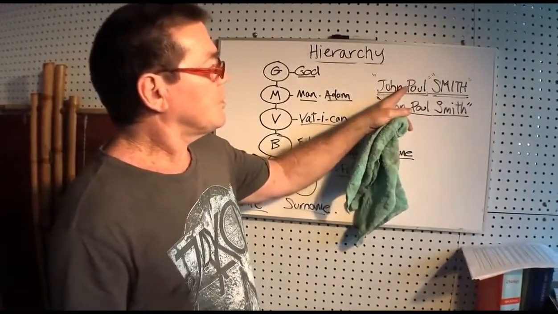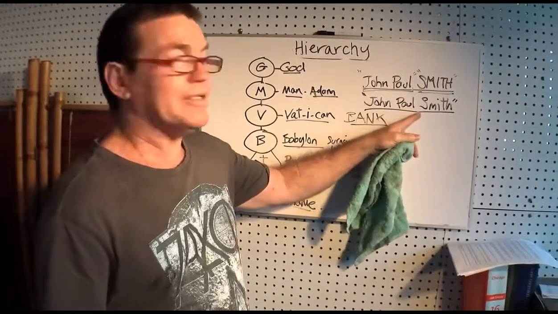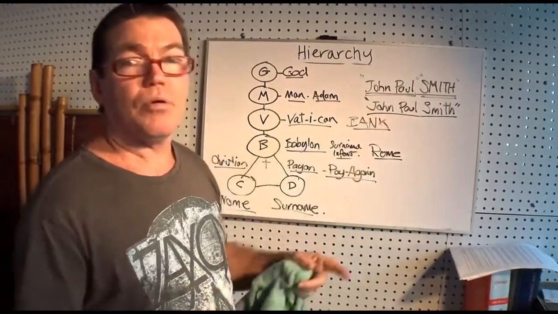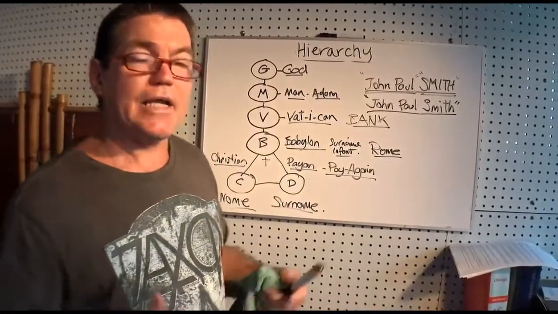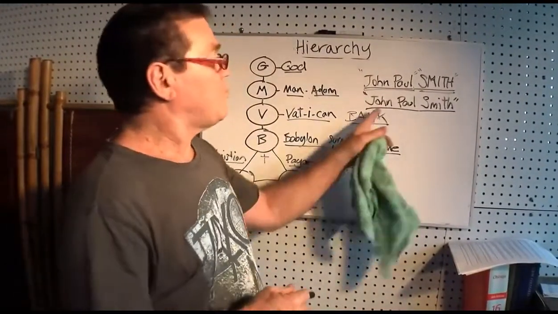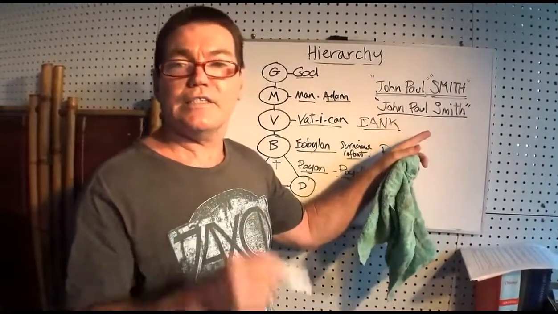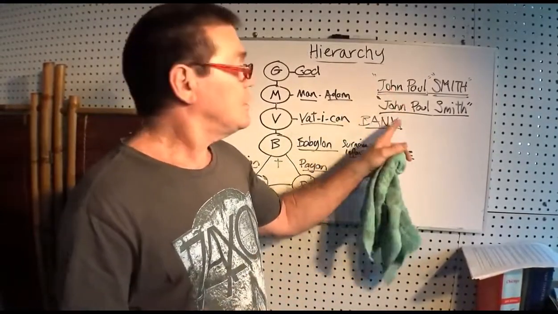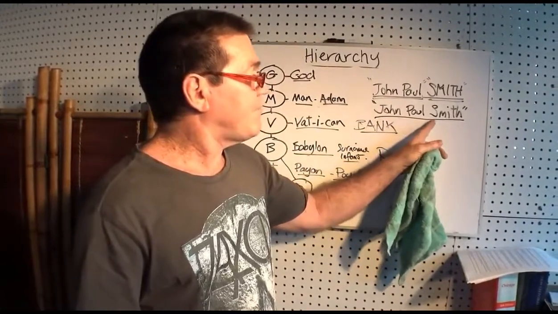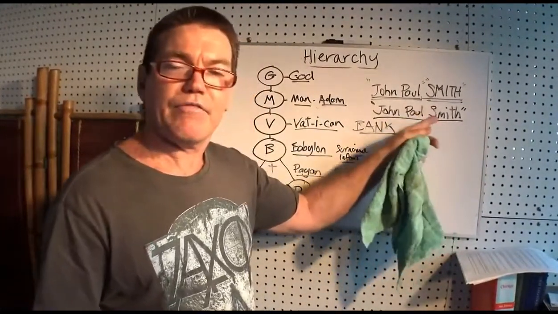And what it is, under a form of water law salvage rights, because you're not John Paul, you claim to be John Paul Smith, and John Paul Smith, in law and in fact and in reality, does not exist. Only John Paul in fact exists.